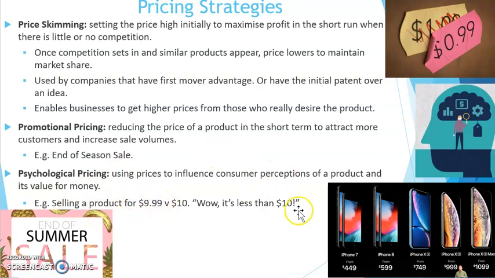Now, a consumer might look at that and go, oh wow, that product there is in the $9 range. That's great value for money. I'm going to go out and buy it. And that's a sort of psychological feature of that $9.99, is that the consumer is perceiving the product to be in the $9 range.